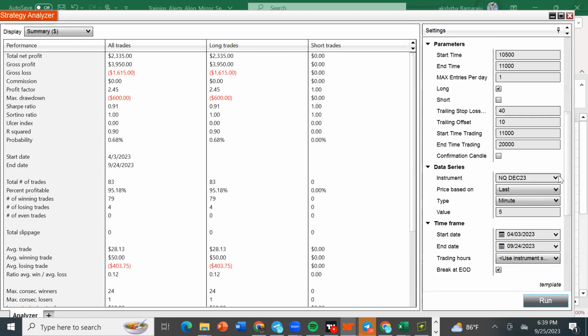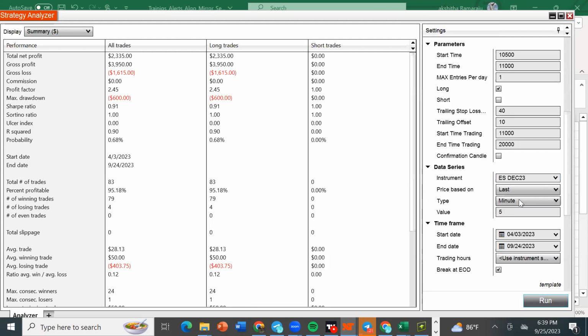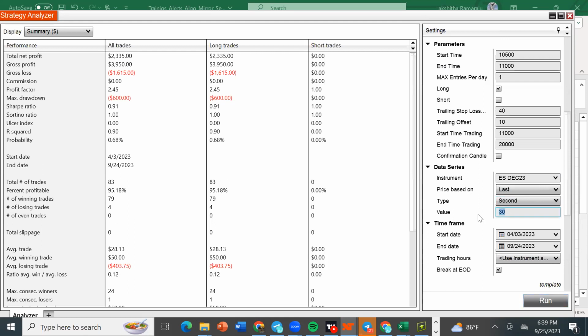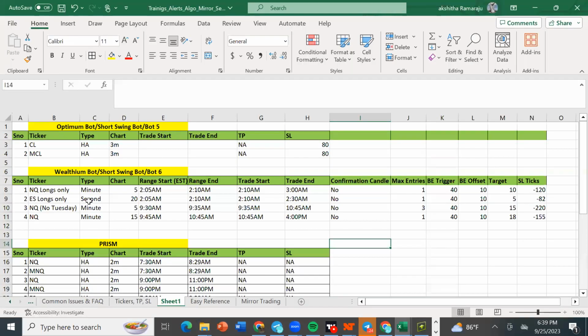We need to select the ticker, which is ES, and instead of minute, we need to select seconds, and it should be 20 seconds, right? And then ES long.